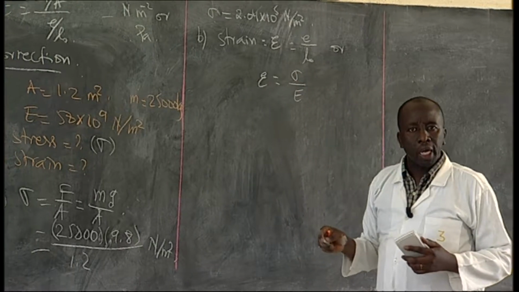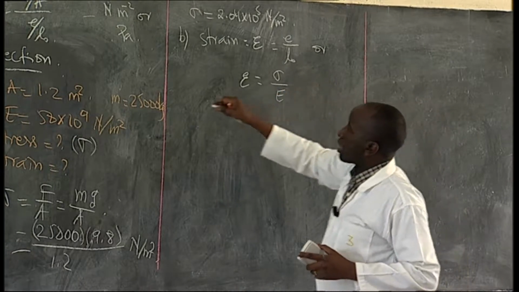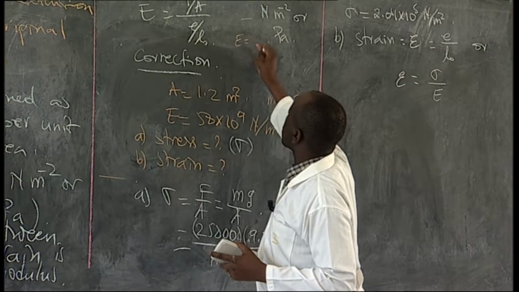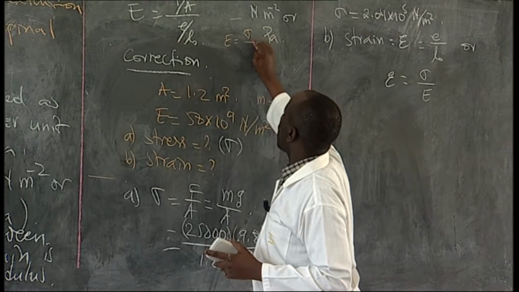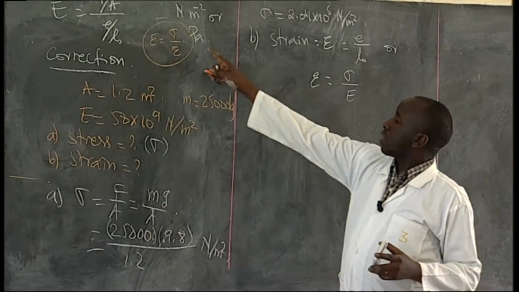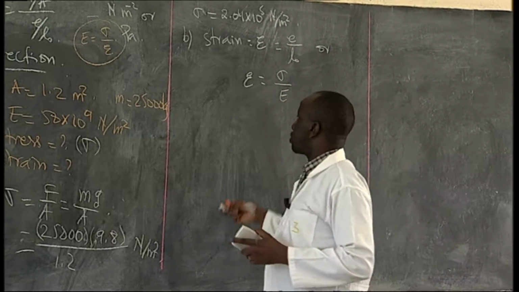Why sigma here? Because what I have from this formula is E, which is equal to sigma over epsilon. Then you have, here, the stress over strain. And let's substitute the data here.